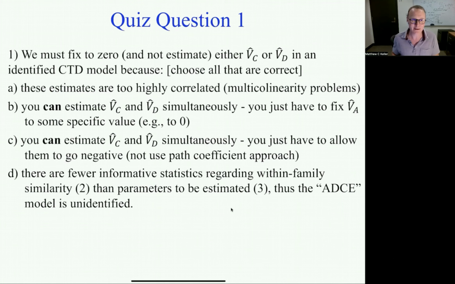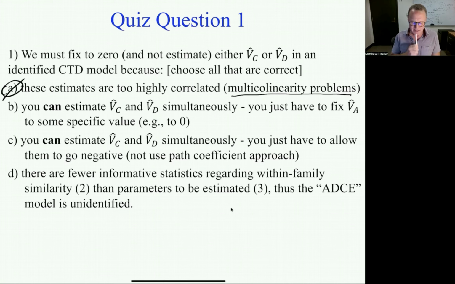Okay, welcome back. So why must we fix to 0 either VC or VD? Well, it isn't because of multicollinearity. It's not because VA hat and VC hat and VD hat are too correlated. In fact, you could think of them as being perfectly correlated if you're trying to fit all 3 together. So this isn't correct.